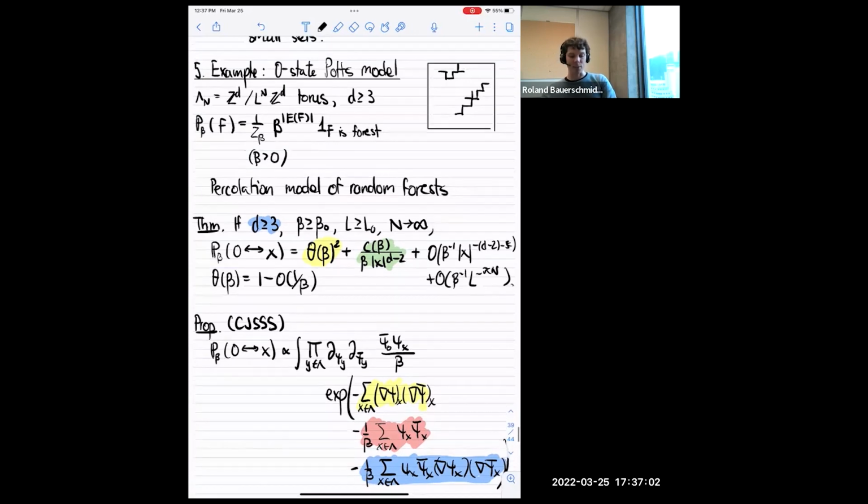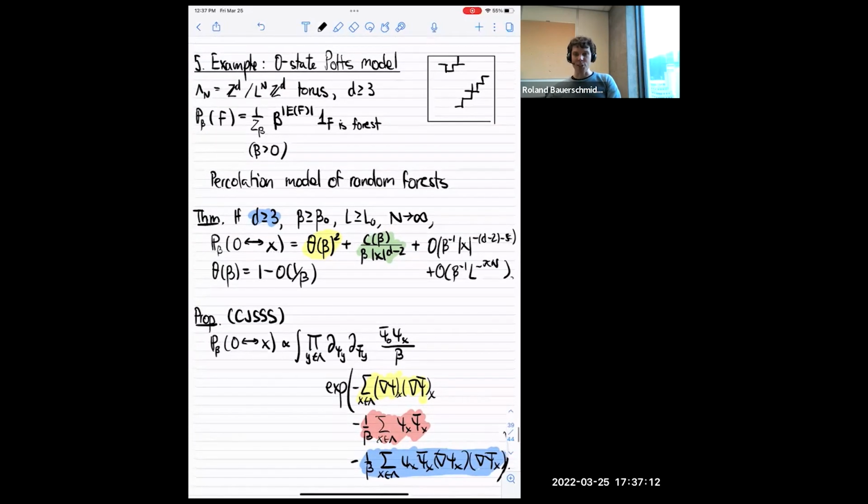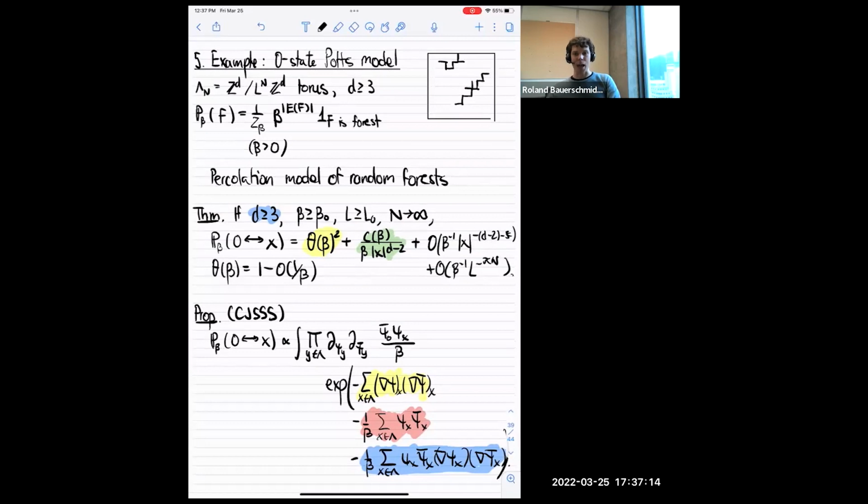This is in fact one of the models that got Caracciolo, Jacobson, Sokal, Sportiello, and Soler excited, which is also supposed to have mass generation in 2 dimensions, so exponential decay at all values of beta. That is a notorious mathematical problem in general, or a physical problem as well, to understand.